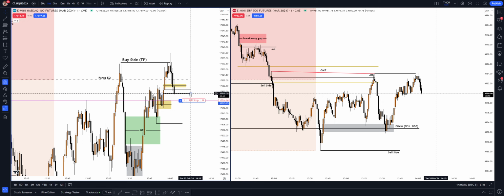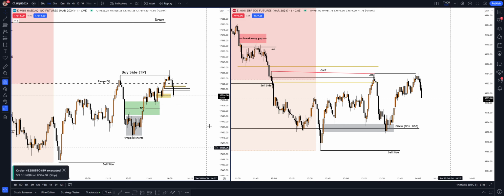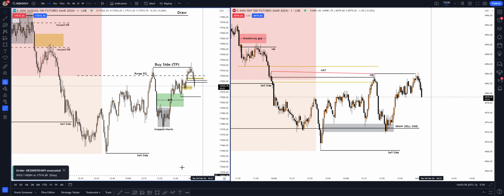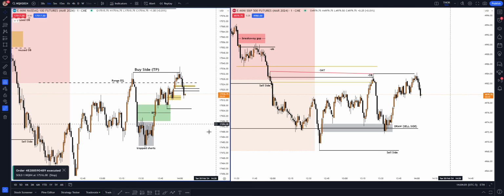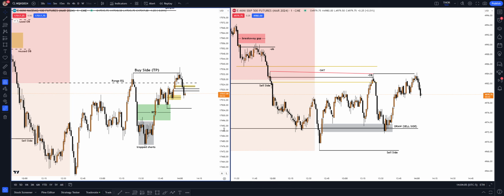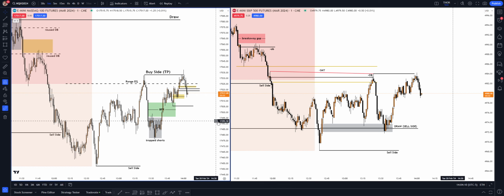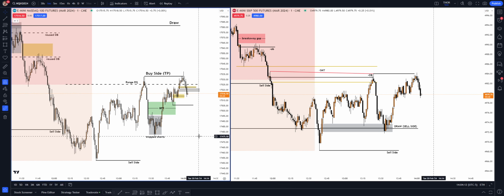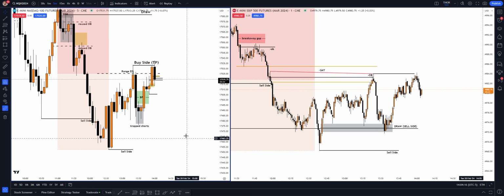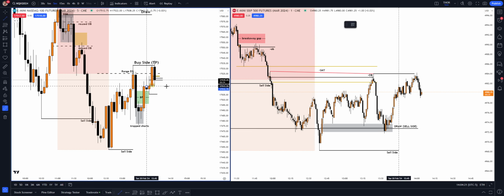This should be the 1 minute golden zone, meaning IFED. There you go. Let's see what happens here. I'm going 5 minute. We have an order block there, right there.